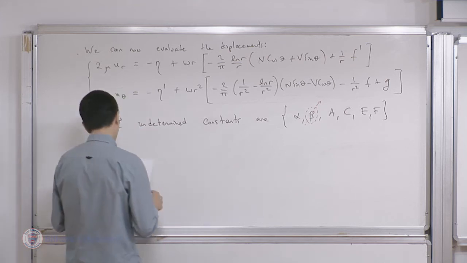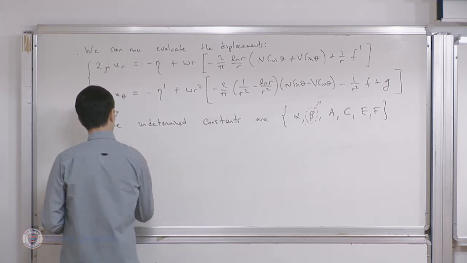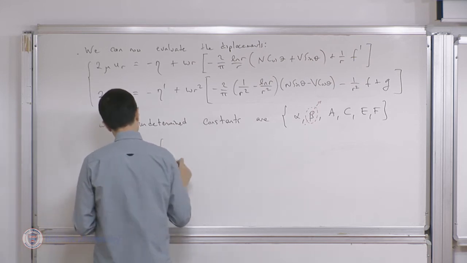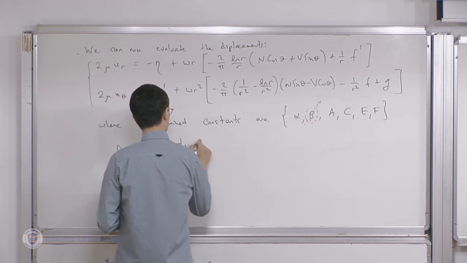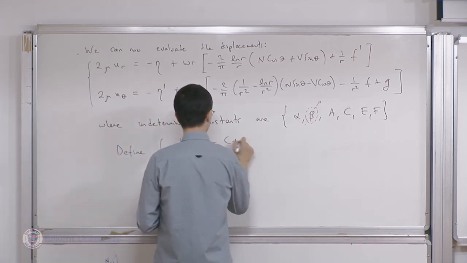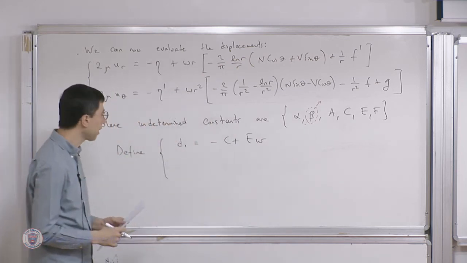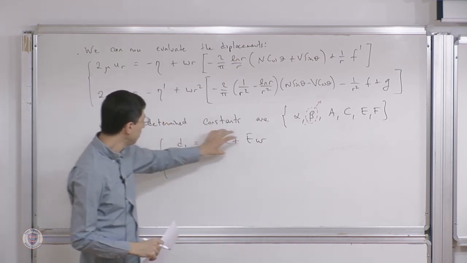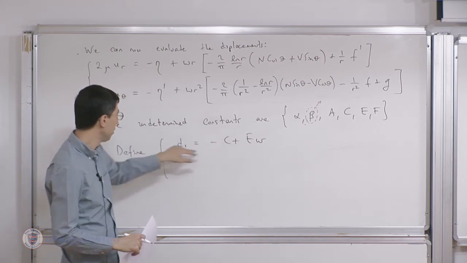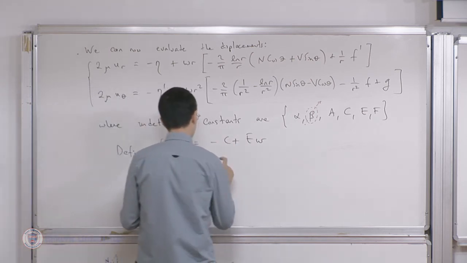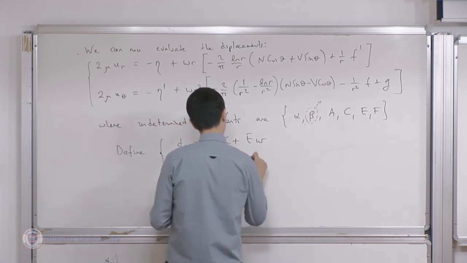But among those 5 constants, you can combine 2 pairs into a single constant. And we've done something similar before. I don't really care what the individual values of C and E are. What I only care about is their sum in this equality. And likewise, I don't care what exactly A and F are.